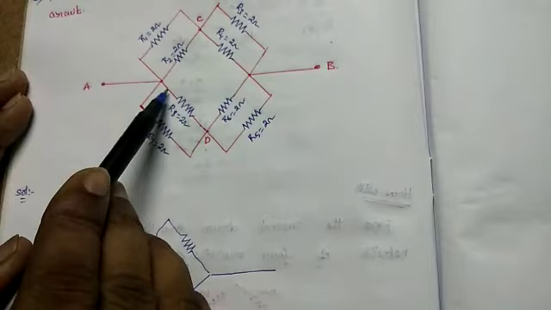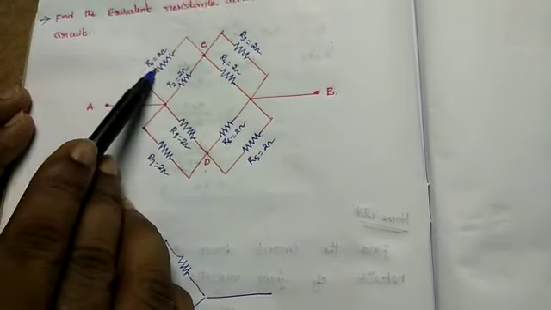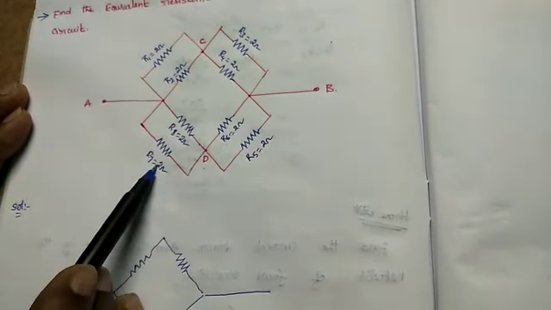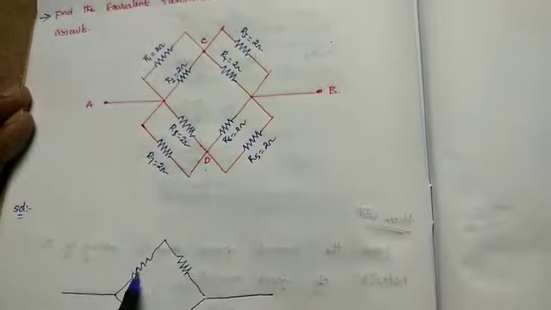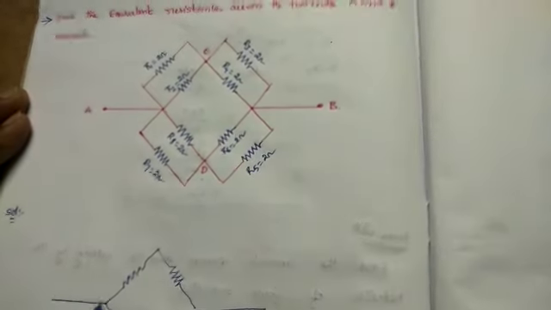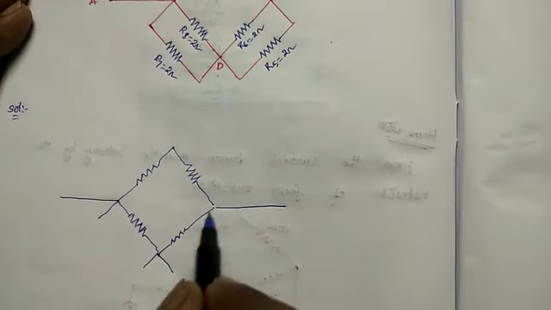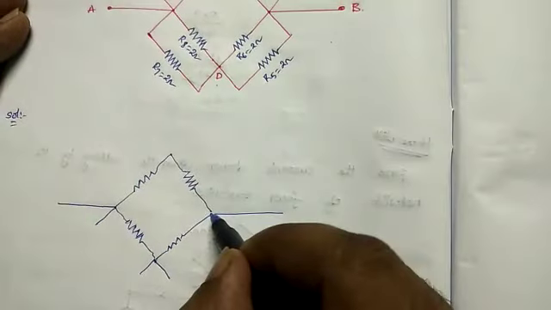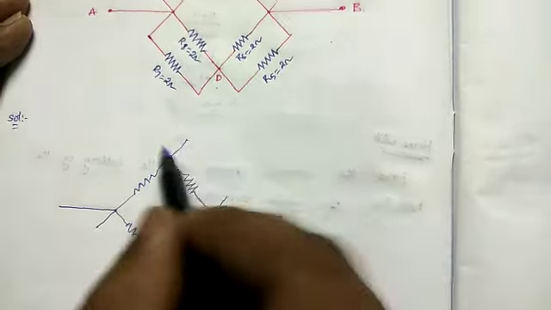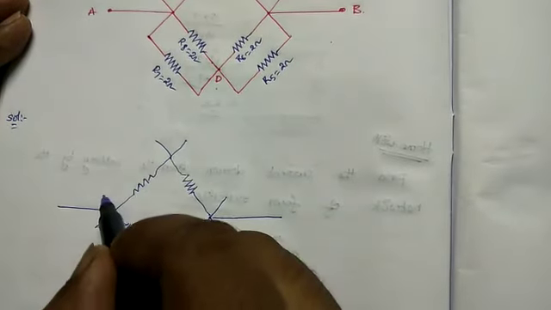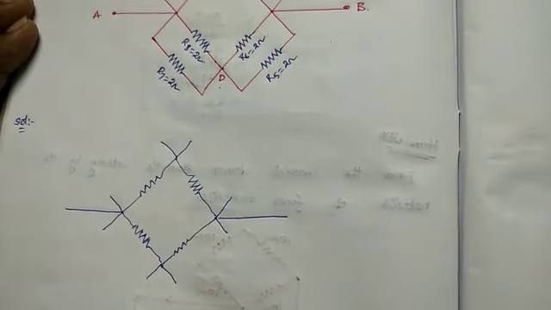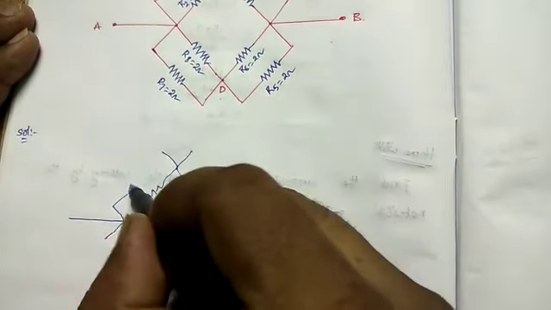So this part I draw. Now we have to add these resistances across the parallel resistances. So we have to keep them like this. Just simple. Then you draw it.